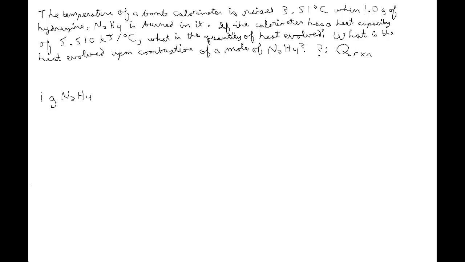What could you predict then for your answer? It'll have to be a negative Q because the amount of heat that the reaction is giving off will be absorbed by the calorimeter. Would you say Q of the reaction is negative or positive? Actually, Q of the reaction would be positive because the heat is evolved.